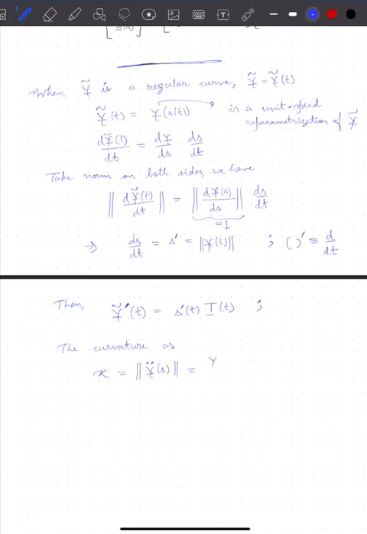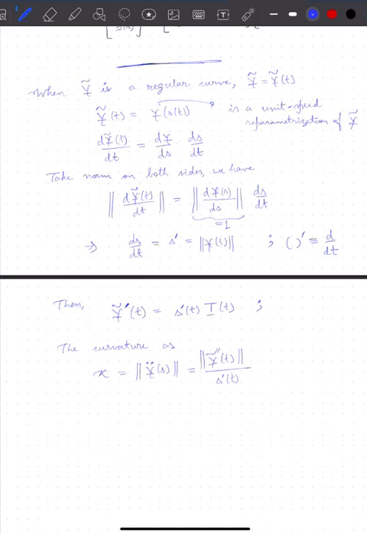However, for this we'll have gamma tilde double dot t, take the norm, divide by s prime of t. So this is how we define kappa.